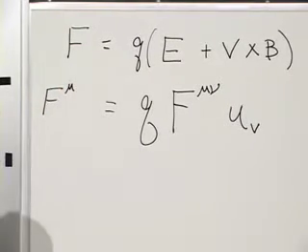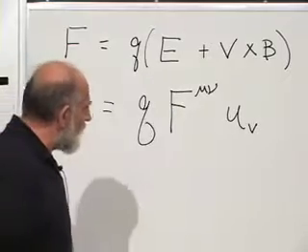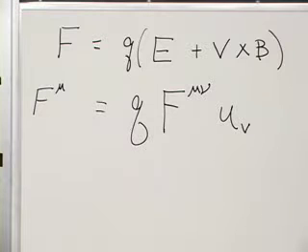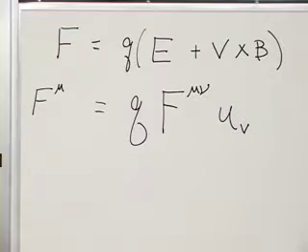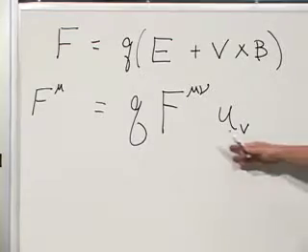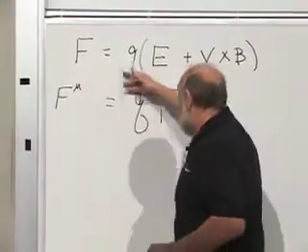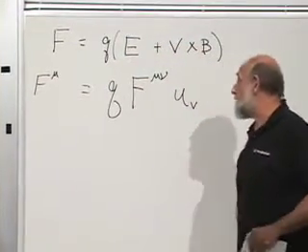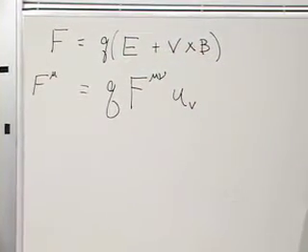The mu-th component of the force is written in terms of a 4x4 antisymmetric tensor, whose transformation properties we know, and the 4 vector of velocity. In this form, the Lorentz force law is written in a form which is manifestly the same in every reference frame.